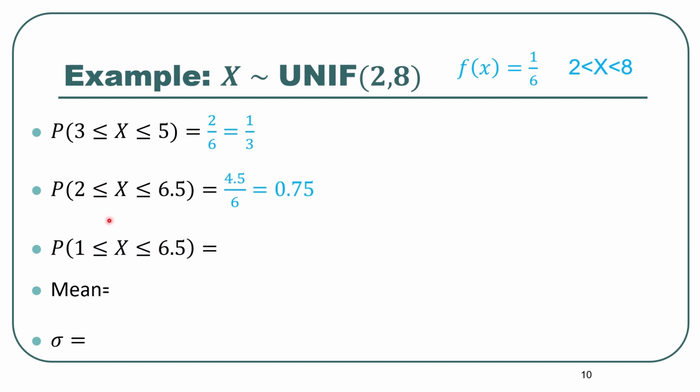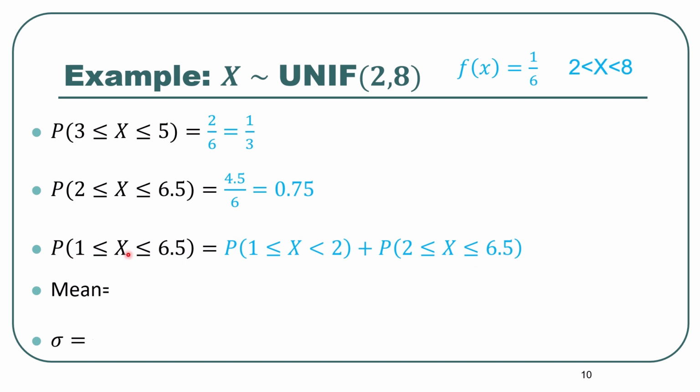Now, how do we calculate that probability? Here we have to be careful. That interval contains something outside the range, where f of x is 0, so the total height is 0. I need to partition my interval into 2 probabilities: from 1 to less than 2, plus the probability from 2 to 6.5.